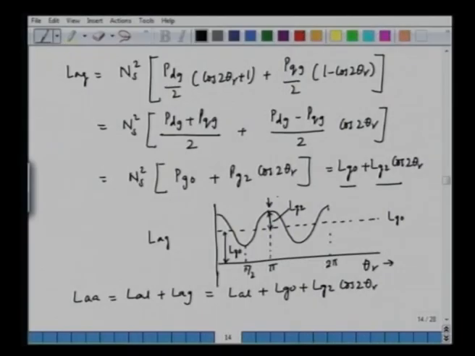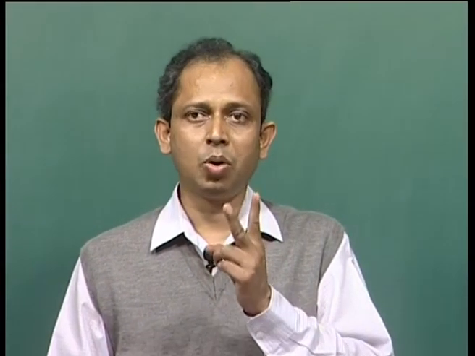So this is actually the maximum inductance, and this is corresponding to the D axis, and that is LG0 plus LG2, and this inductance is corresponding to the Q axis inductance, that is LG0 minus LG2.